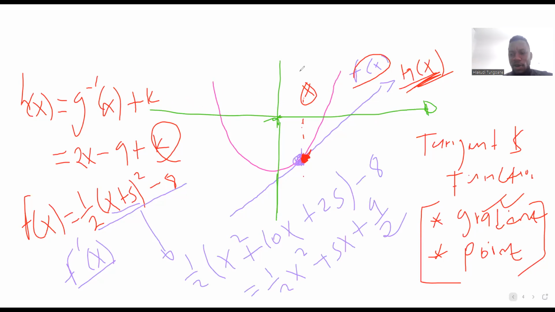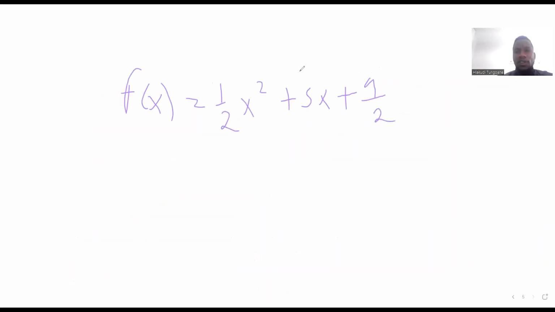So now what I want us to do is to find the derivative of this. Remember, the derivative rule says that if you have a x to the power b, then the derivative of this is going to be a times b times x to the power b minus 1, and the derivative of a constant is 0.